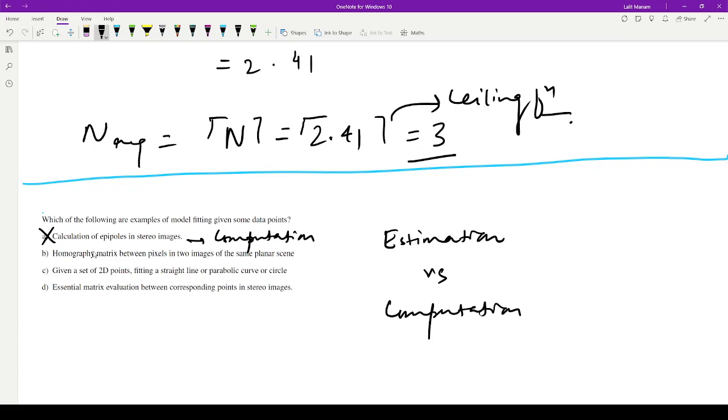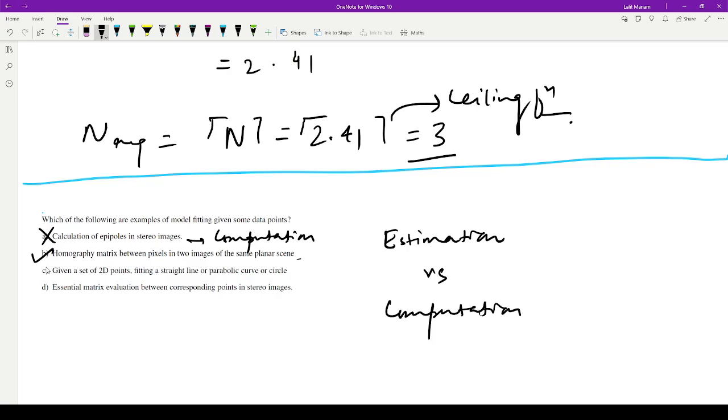We can take some point correspondences, form equations, and based on that, estimate the homography matrix. It's not computation, it's estimation. So here the problem is one of estimation. So this point is right. And it might contain outliers because you have similar scene points spread in both the images.